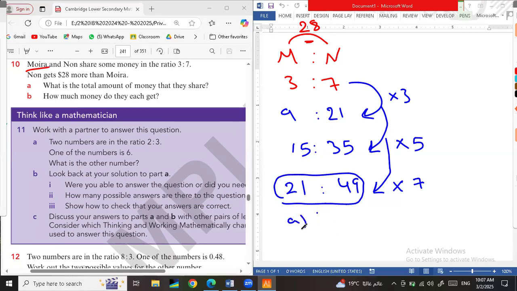So question A, it is $70. That's the amount that both of them get. How much money do they each get? Question B, you need to say the names. Question B, if you say here, Moira gets $21 and Non gets $49.